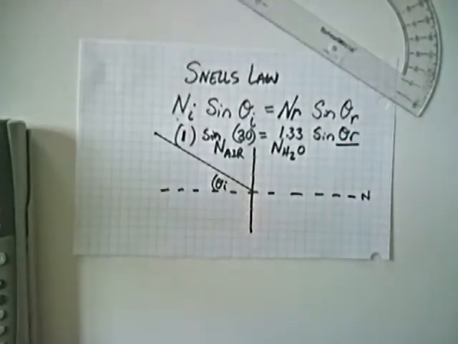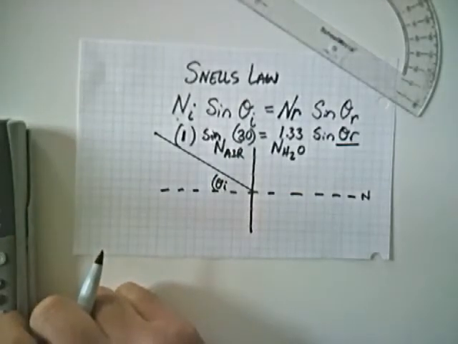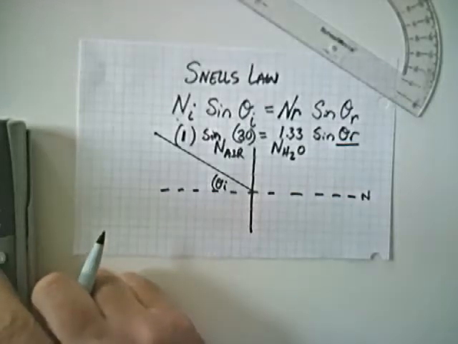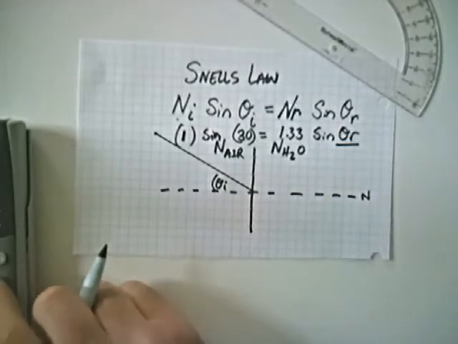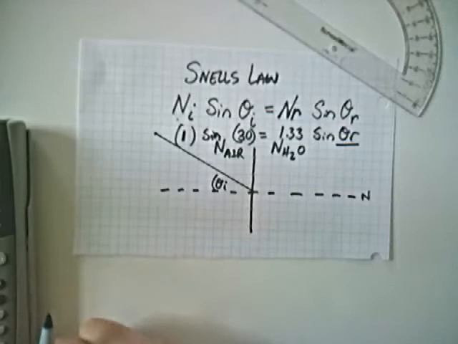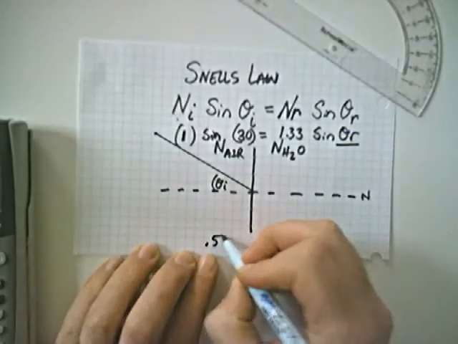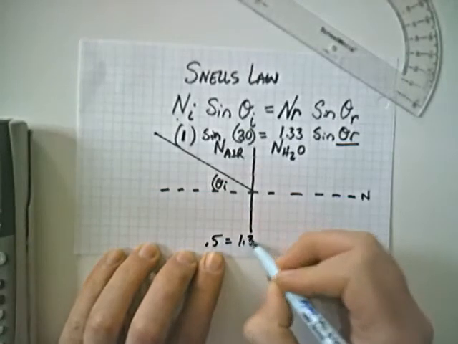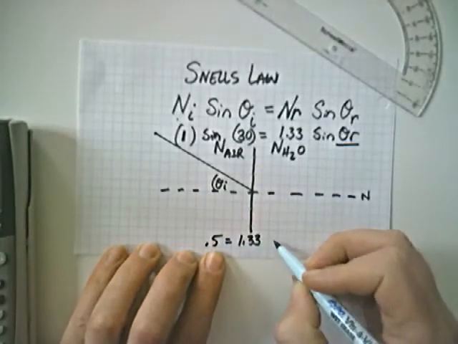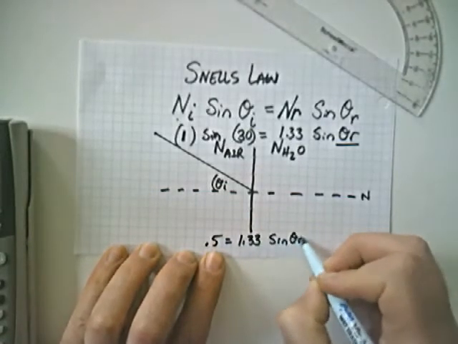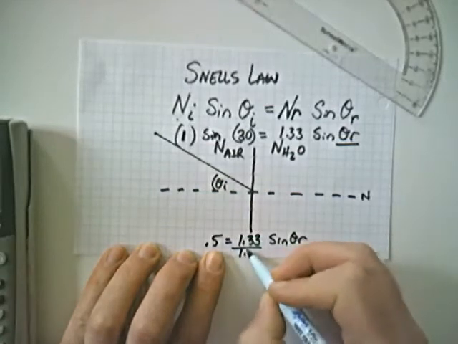All right, so you want to make sure you're in degree mode before you do any of this stuff, because if you're in radians, you won't get the right answer. So the sine of 30 is 0.5. So we get 0.5 equals 1.33 times the sine of theta R. So then we're going to divide both sides by 1.33.